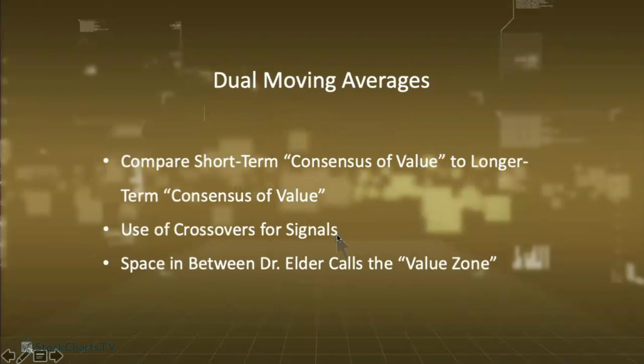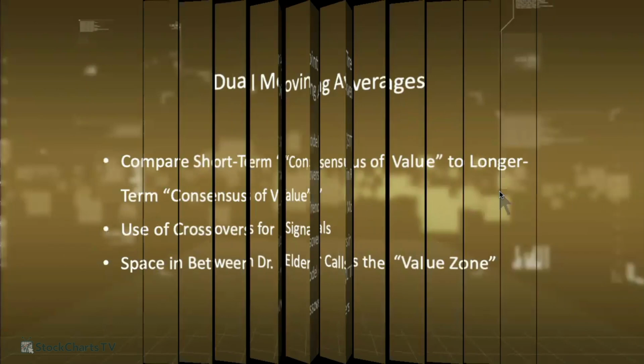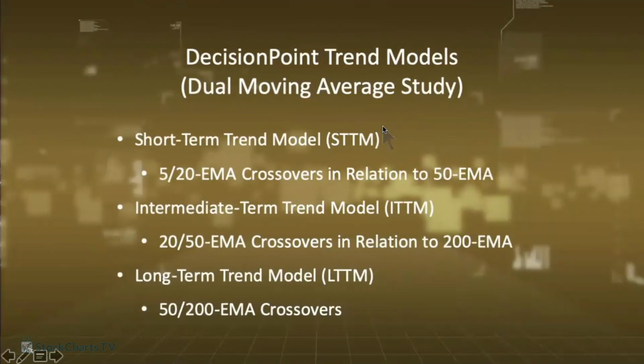We use dual moving averages often for our trend model signals, and other people use crossovers for signals. And here are the trend models. I just wanted to talk about these because it's a great example of how you can use dual moving averages to study and look for price pivot points.